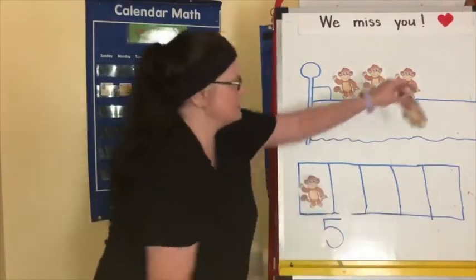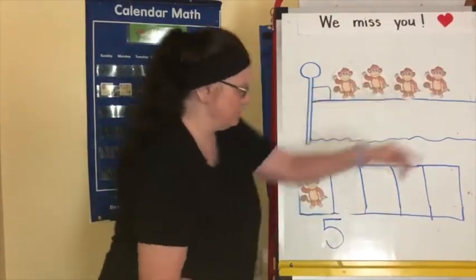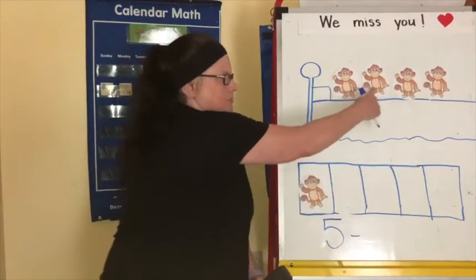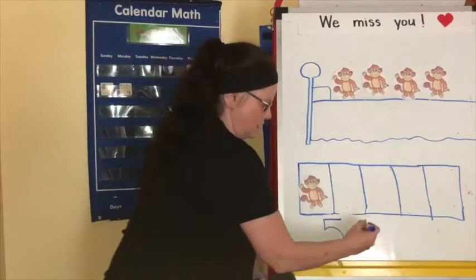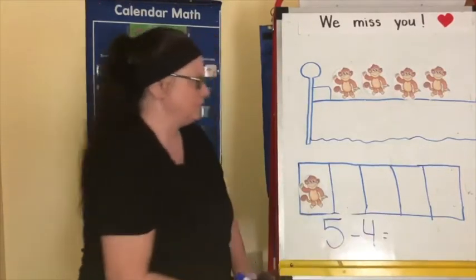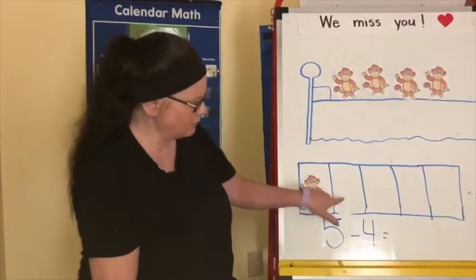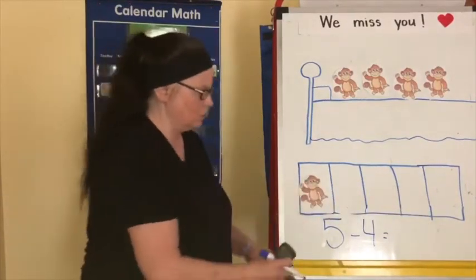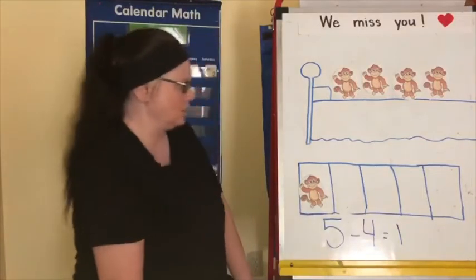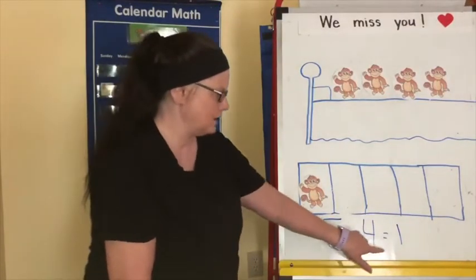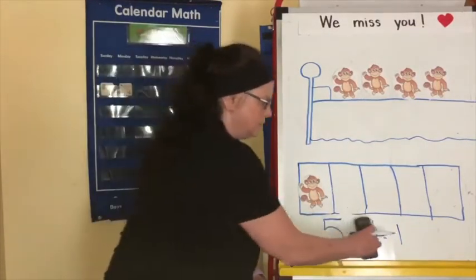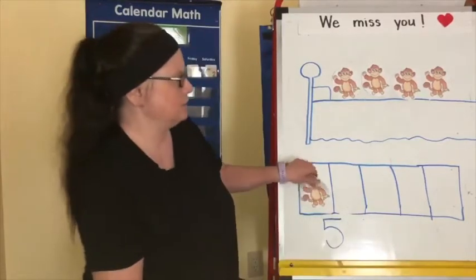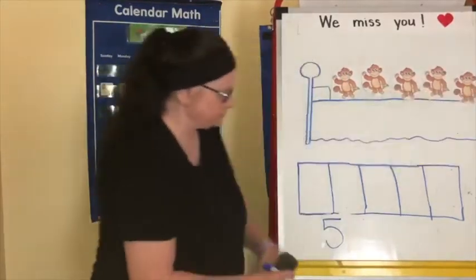But this one wants to get up there and cause trouble too. So now how many do I have up there? 2, 3, 4, 5, minus the 4 equals 1 monkey left on the floor. 5 minus 4 equals 1. But this monkey too, he's going to jump up on that bed to get in trouble.